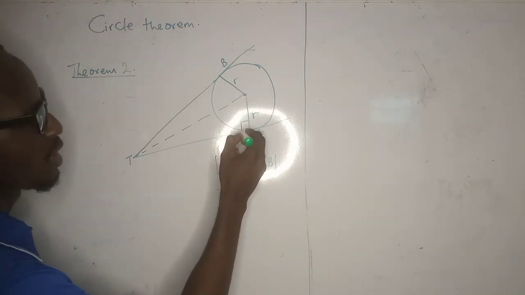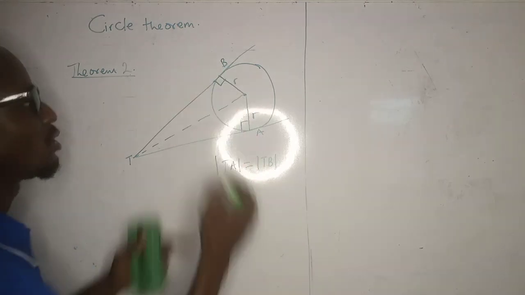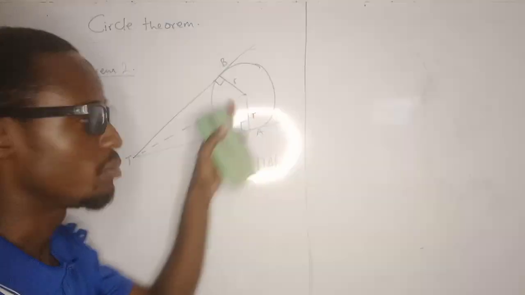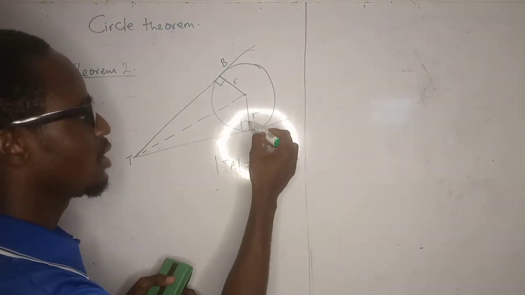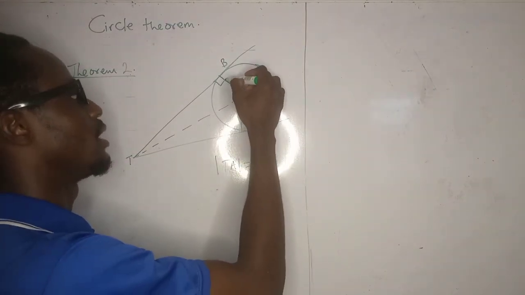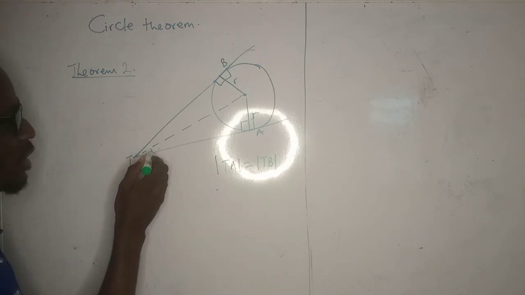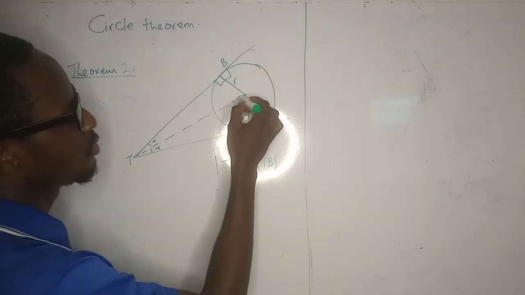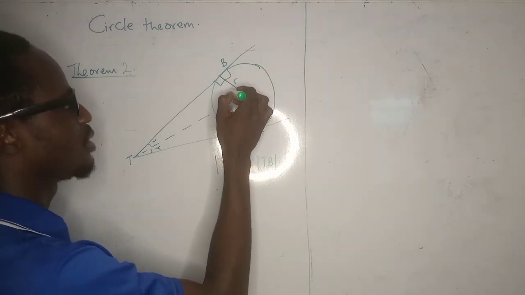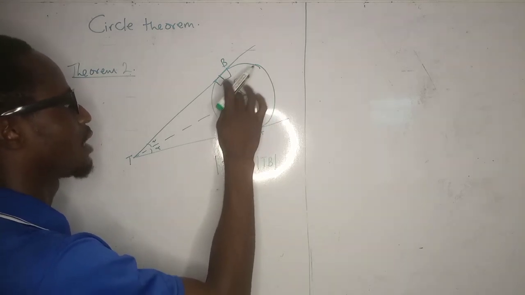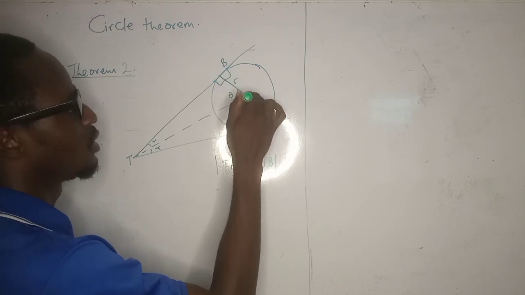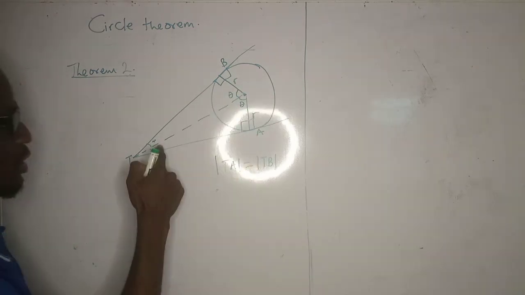So this is a right angle, this is also a right angle. Don't forget from the first theorem, it proves that here is 90 and here is also 90. At the same time, if you have an angle here, this and this are the same value, then also these and these are the same value. Okay, let's make that theta. So equal angles here, equal angles here.